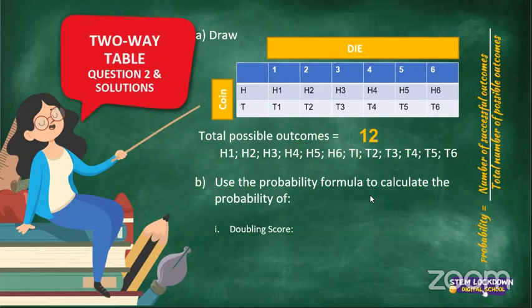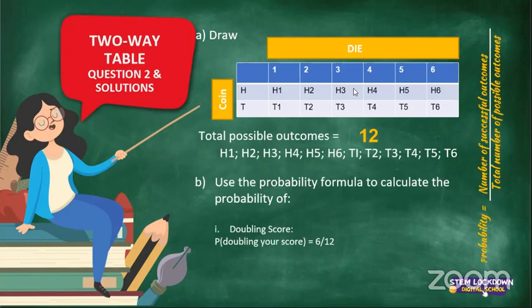There we go. Lionheart said 6. Yes, everything in the head. If it lands on head, we can double our score. Head 1 will get 2 points, head 2 will get 4 points, head 3, 6 points. Okay, and then 6 over 12.